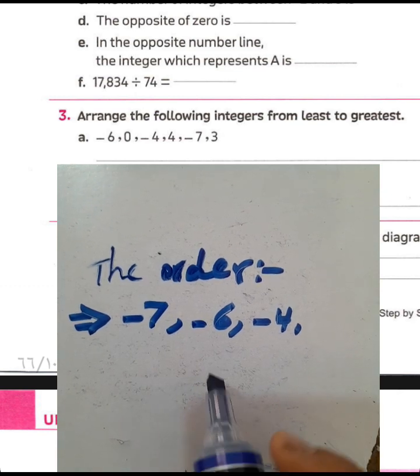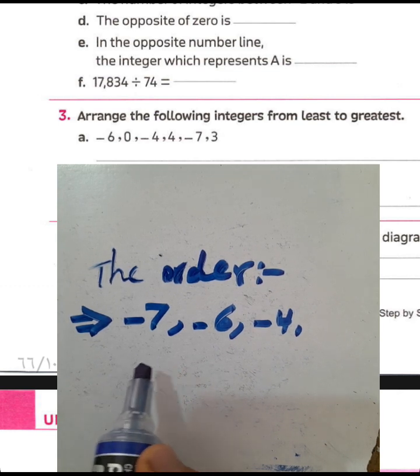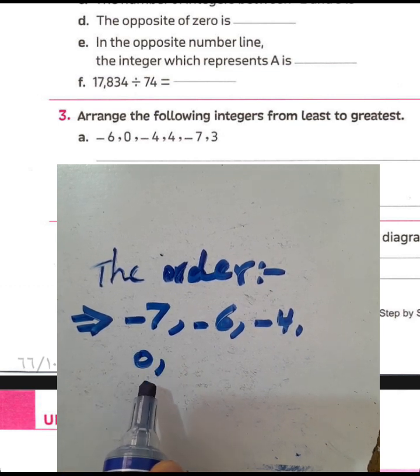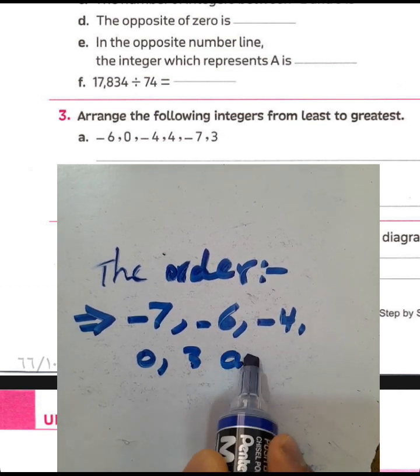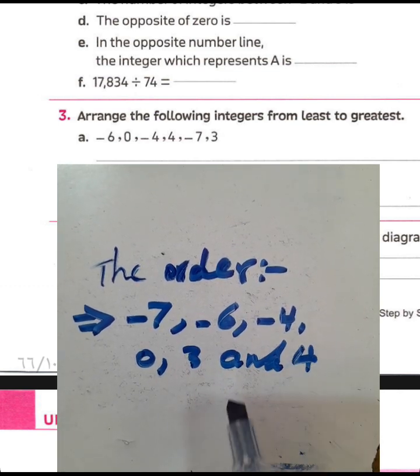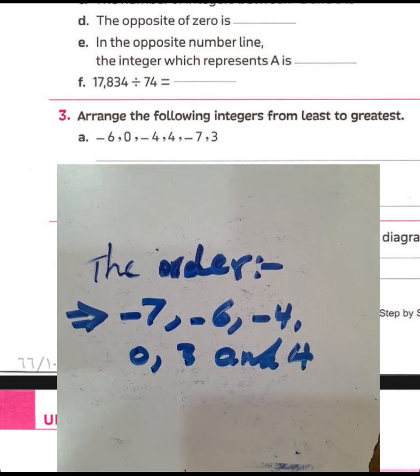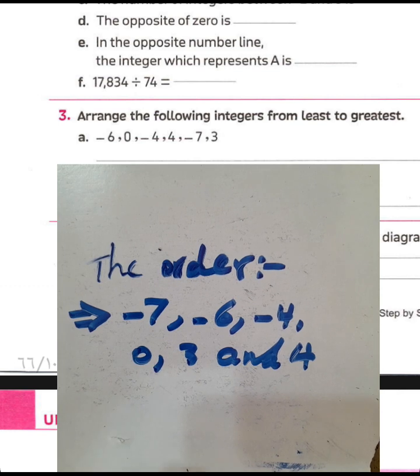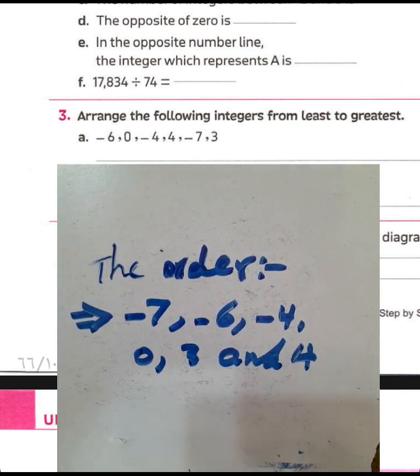The positive numbers here, 3 and 4, but we have 0. 0 is non-negative and non-positive. We can write 0 and then 3, and the last one will be 4. Okay, we arrange here from least to greatest: negative 7, negative 6, negative 4, 0, 3 and 4.